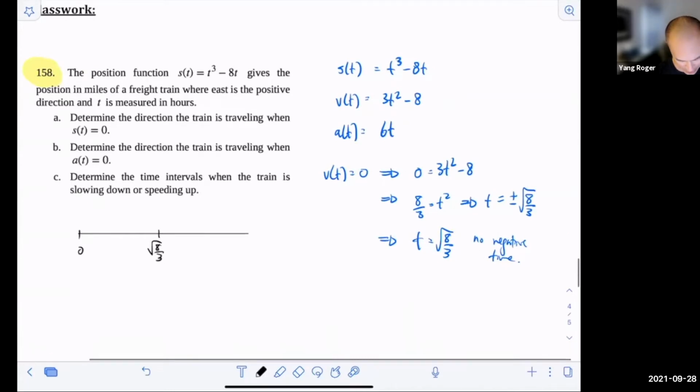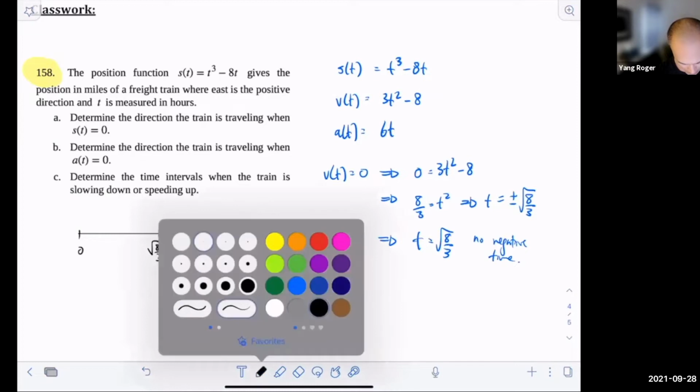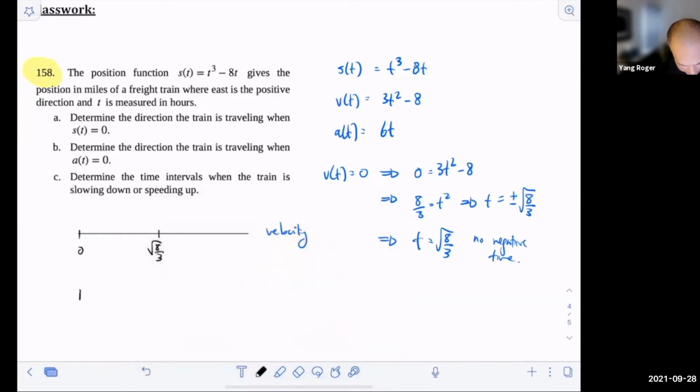For your acceleration, so this is velocity here. The acceleration graph is not going to be interesting.